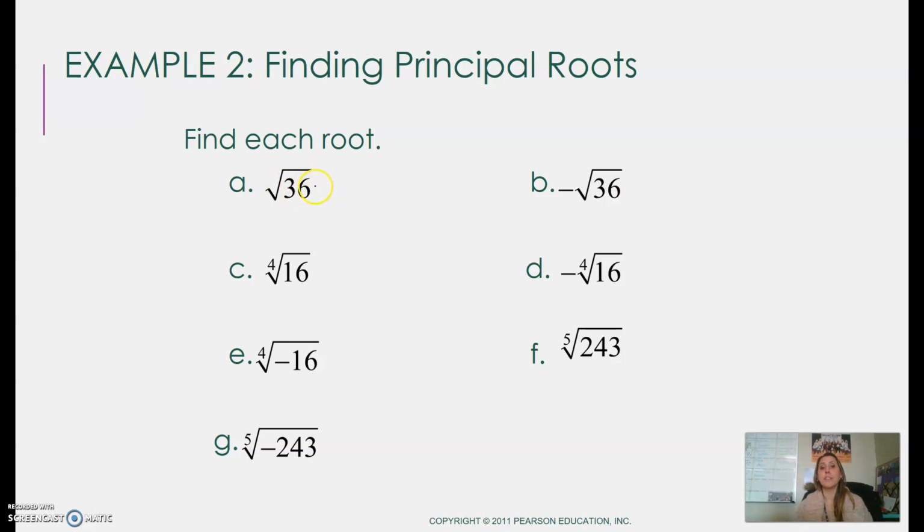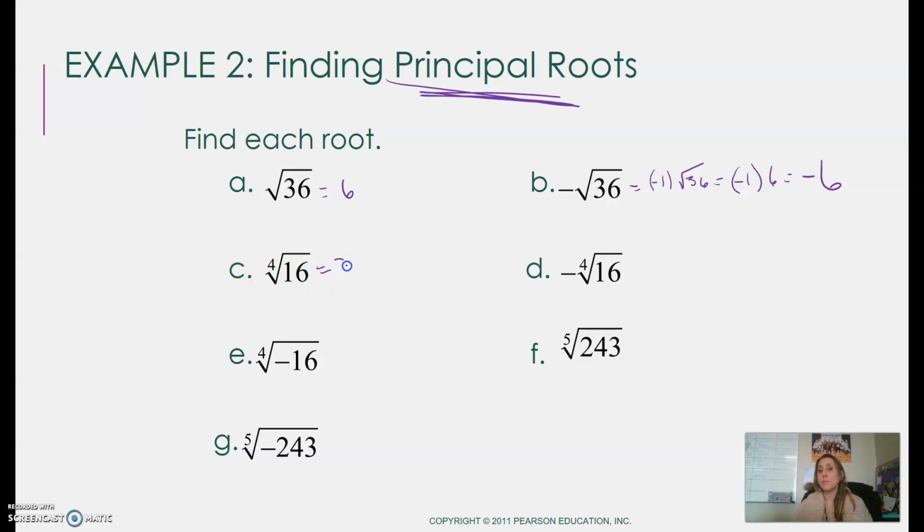So if we were to find the square root of 36, that would just be 6, because we're finding the principal root. The negative square root of 36 would be negative 1 times the square root of 36, which would be negative 1 times 6, which is negative 6. How about the fourth root of 16?